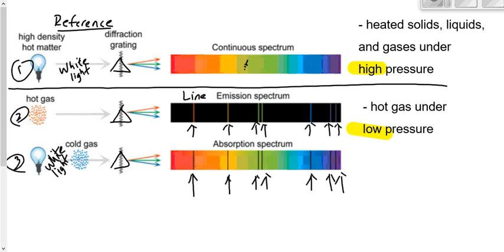Each gas, each element, each compound has its own unique fingerprint or its own unique spectrum. That means that if we observe a spectrum, we can compare it to some other known spectrum and determine what it is. If you discover a star and you shine the light from the star through a spectroscope, prism or diffraction grating, and you observe the line emission spectrum that's produced, you can compare it against known spectra and determine what it's made out of.